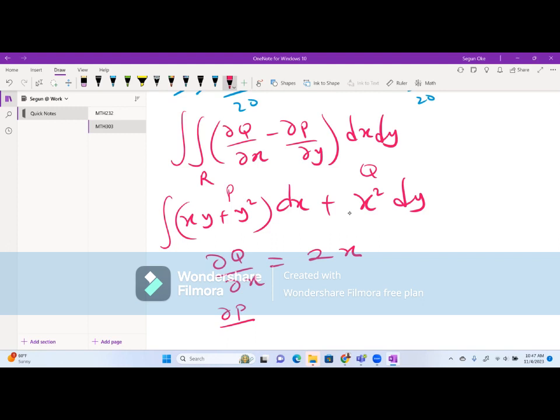The dQ/dx is 2x. dP/dy is what? 2y. Nope. Remember, there is x somewhere. x and y is the first one. You differentiate y, you hold x constant. You have it to be what? x plus 2y. Okay. Do you agree now? Yes, sir.